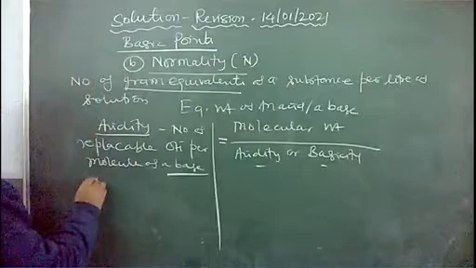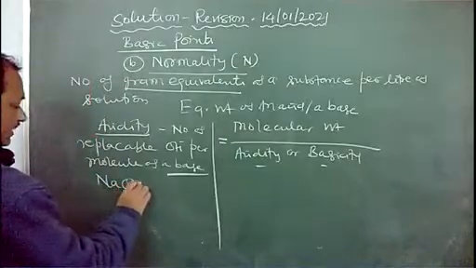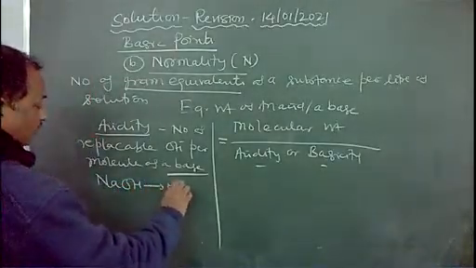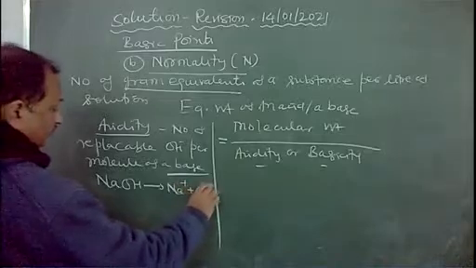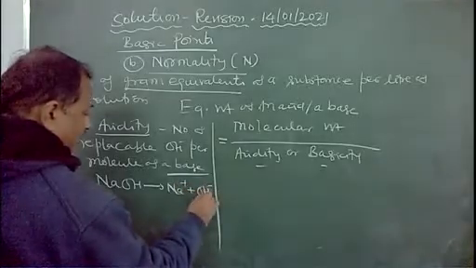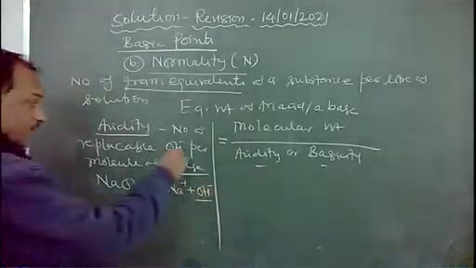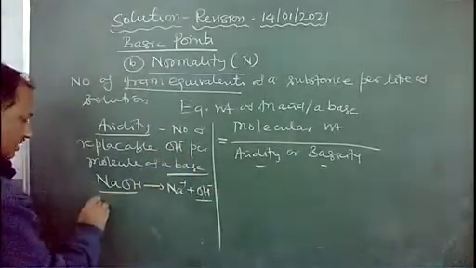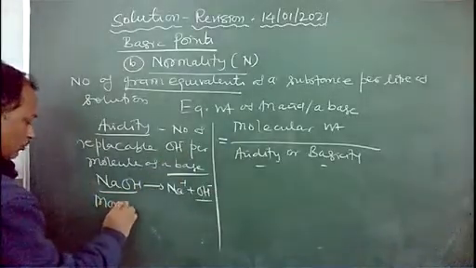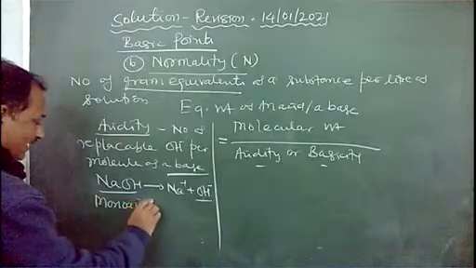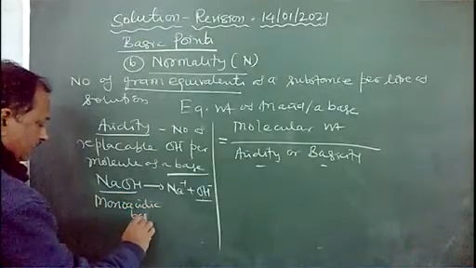If we say NaOH, on dissociation it forms one OH, one hydroxide ion. So this NaOH is called a monoacidic base.